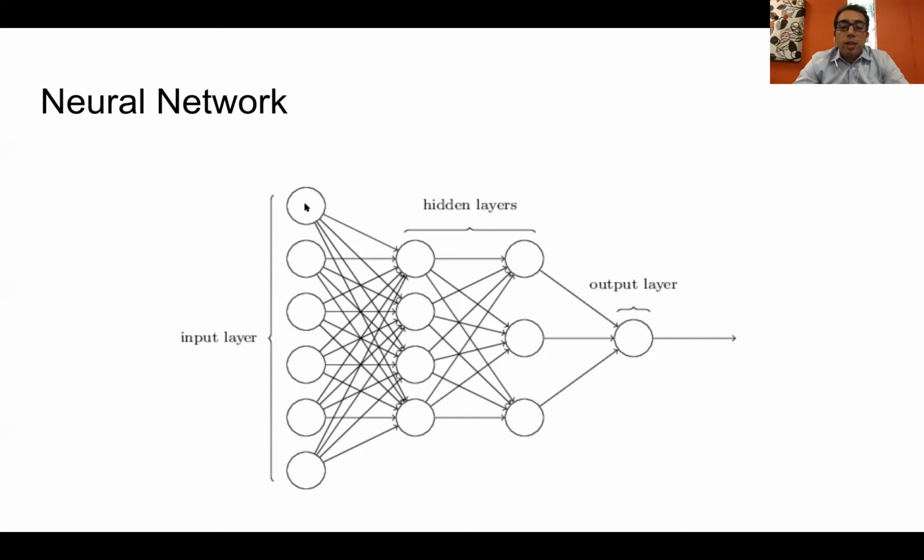And this very simple structure can be extremely powerful if done in the right way. If you connect these neurons in a way like this, you can solve some classification problem or regression problem. The beauty of this is that it comes from very simple principles, but can become extremely powerful.